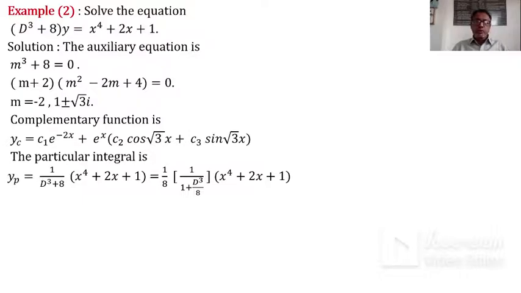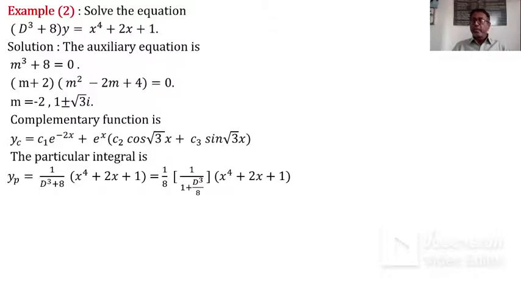Again, to take the expansion of this 1 upon D cube plus 8 in ascending powers of D, for that purpose we take the lowest degree term outside. Do not write its factors in linear and quadratic irreducible form, because then it becomes lengthy.